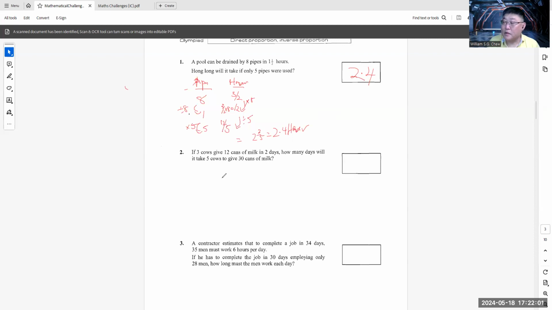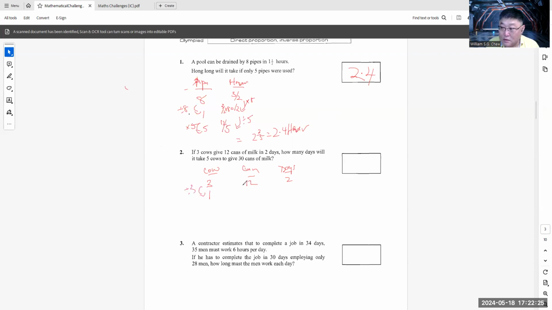Okay. Same thing here. You have 3 cows that give you 12 cans of milk in 2 days. So what can 1 cow do? To get from 3 to 1, I divide by 3.